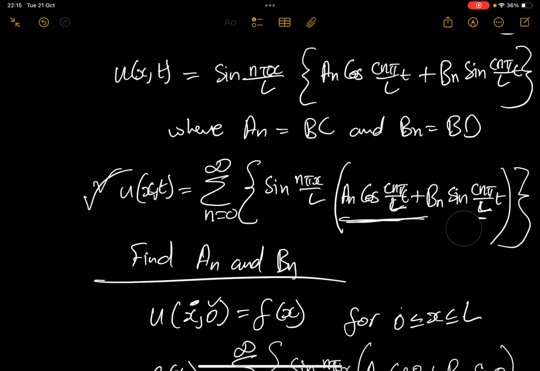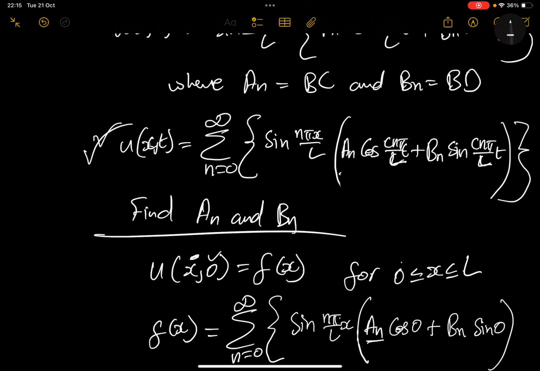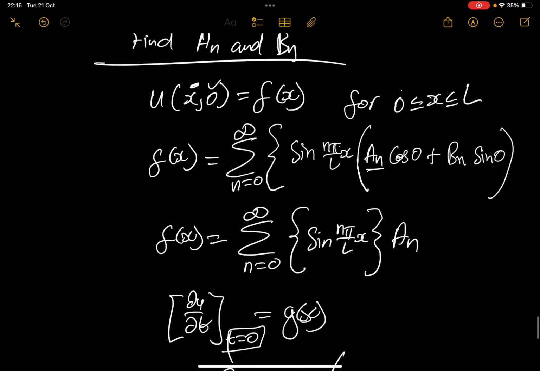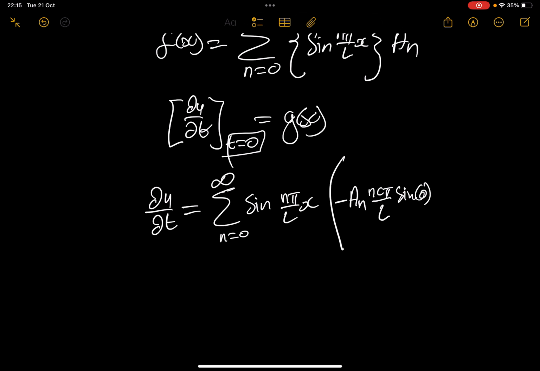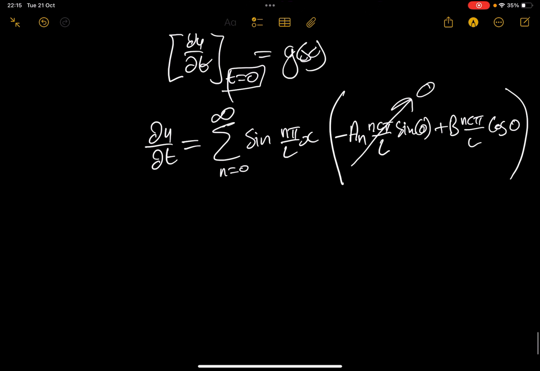We're differentiating bn sine n c pi over L t. So we are going to get plus b, and then differentiate what is inside of sine, which is going to be n c pi over L, and then that is going to be cos 0, because we're evaluating at 0. So if it's sine 0, all of this is 0.